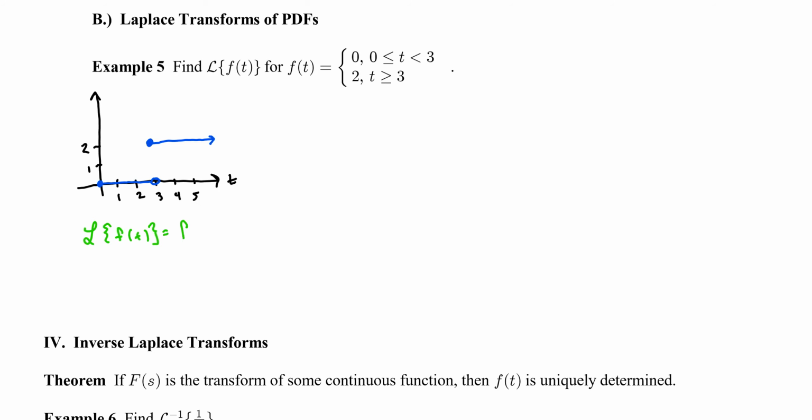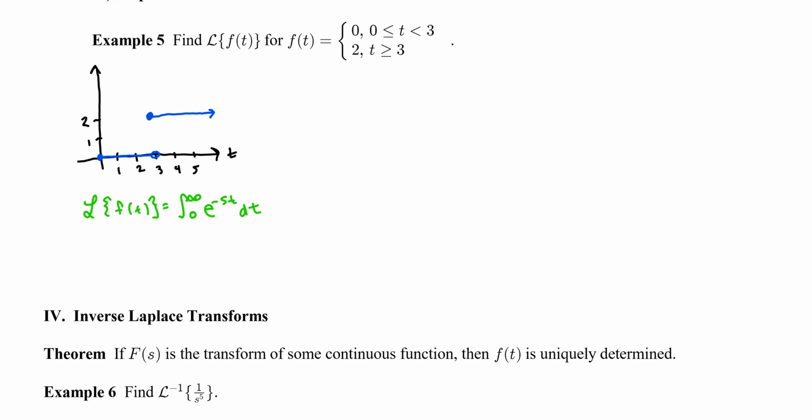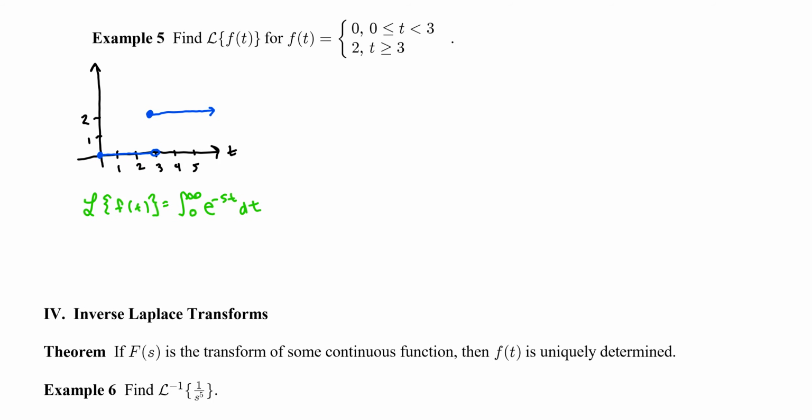This is going to be the integral from 0 to infinity of e to the negative st f(t) dt. That was the definition of the Laplace transform. Now, we can break this up into two integrals. One from 0 to 3, where the function value is 0, and then from 3 to infinity, where the function value is 2. So this becomes the integral from 0 to 3 of e to the negative st times 0.